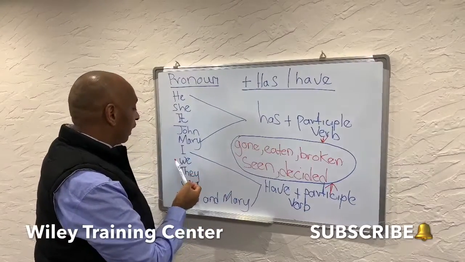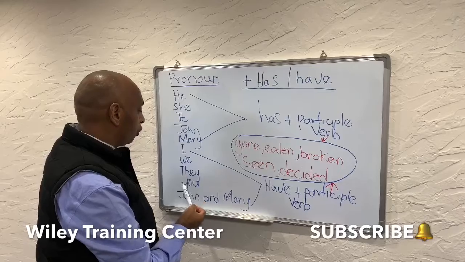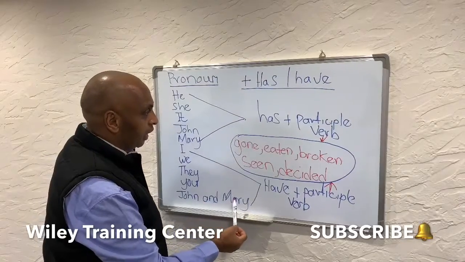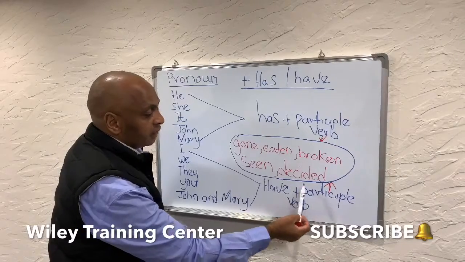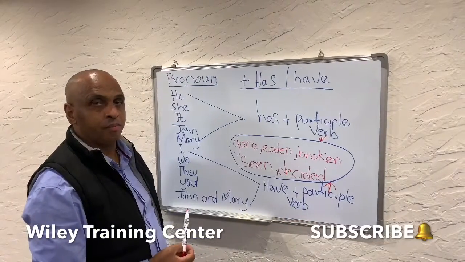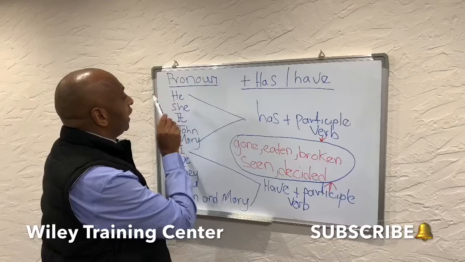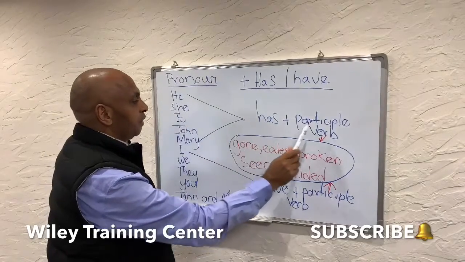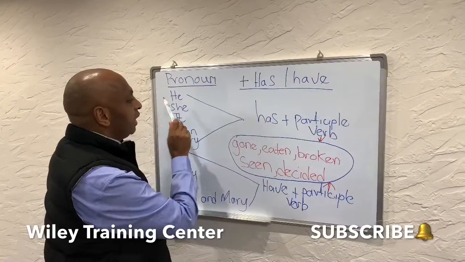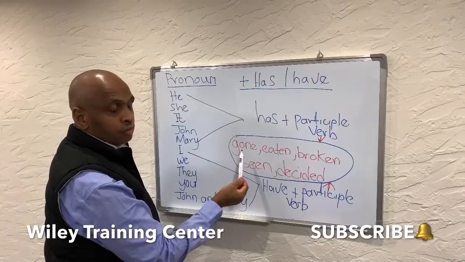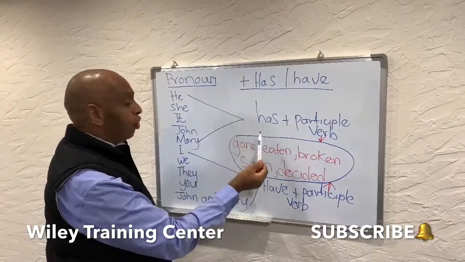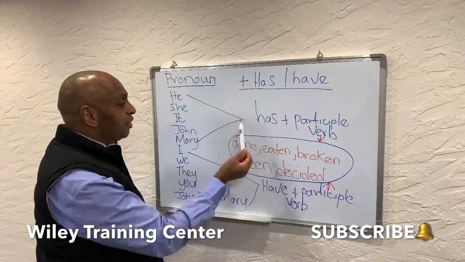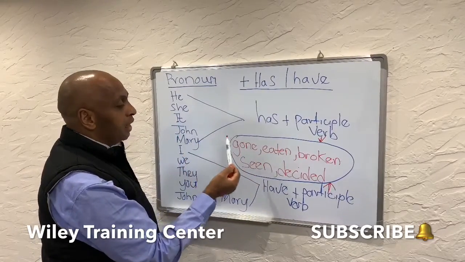I, we, they, you, John and Mary are going to use the word have plus the participle verb. So if you are using he, has plus the participle verb, it will be he has gone, she has gone, it has gone, John has gone, Mary has gone.